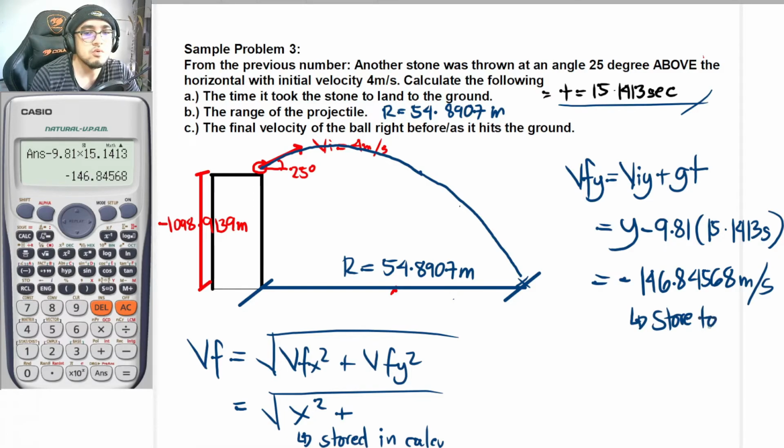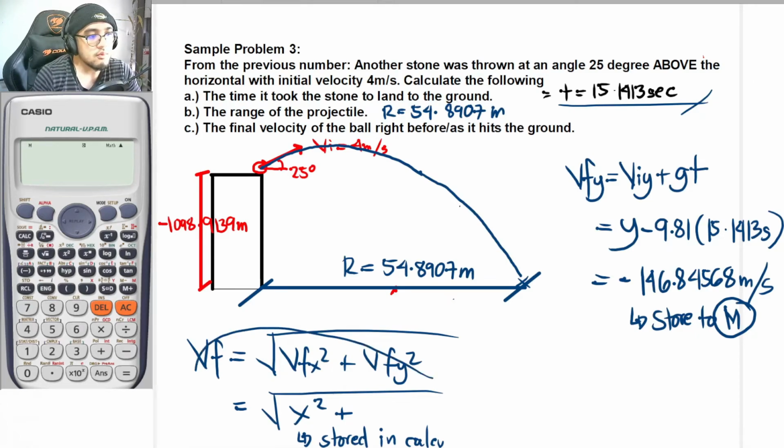If I am to store this, let's say store to M. So shift store M. So there. Okay, so for our equation, your Vf would be the square root of x squared plus M squared. Both of these are stored in my calculator.